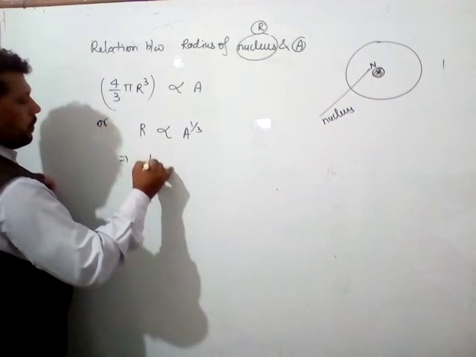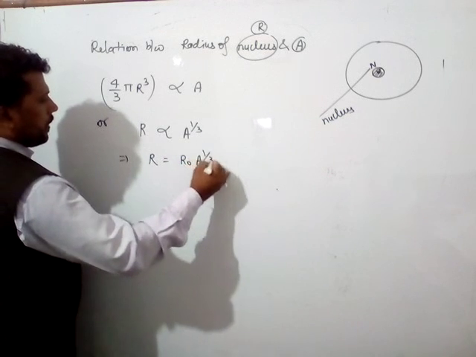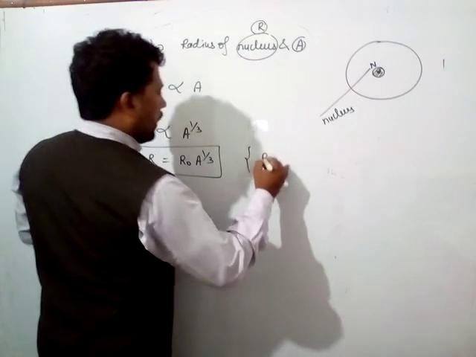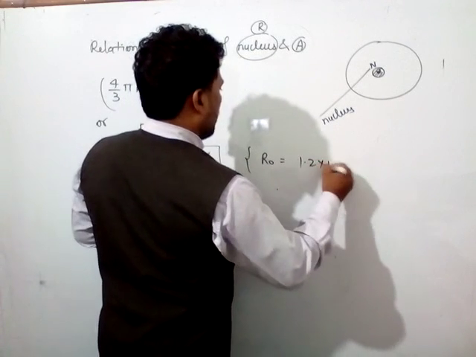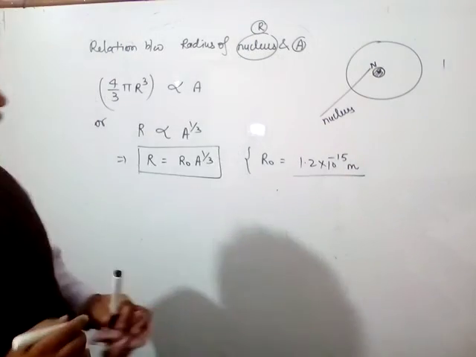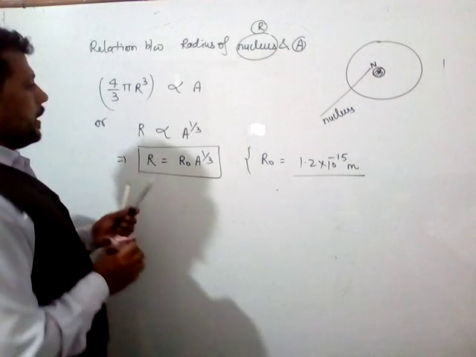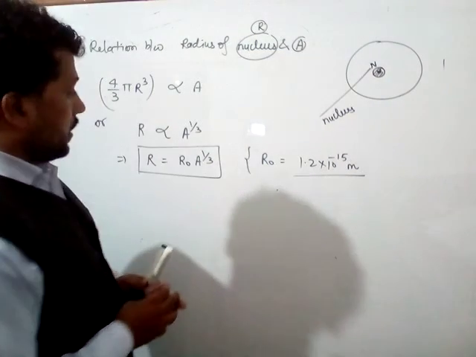So simply we can say that R equals R naught A power 1 by 3, where R naught is equal to 1.2 into 10 power minus 15 meter. This is the radius of the nucleus for the first cell. So in this way, this is the relation between the radius and mass number.